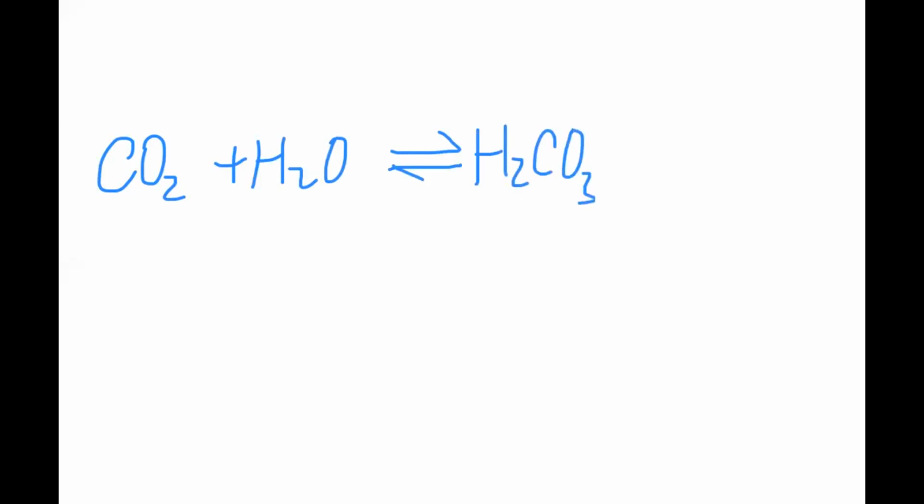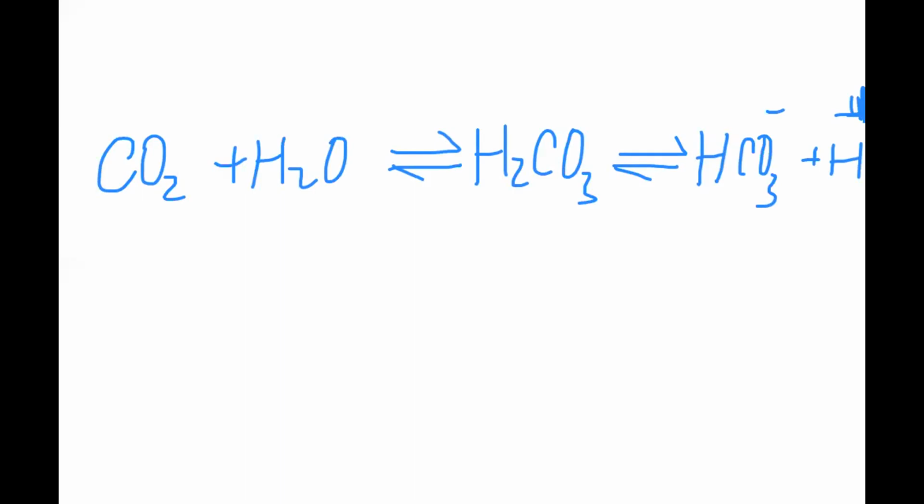Okay, CO2 plus water can make this acid. All right, and then this acid can partially dissociate into bicarbonate ion and hydrogen ion. Yes? Okay, this is a positive sign here.